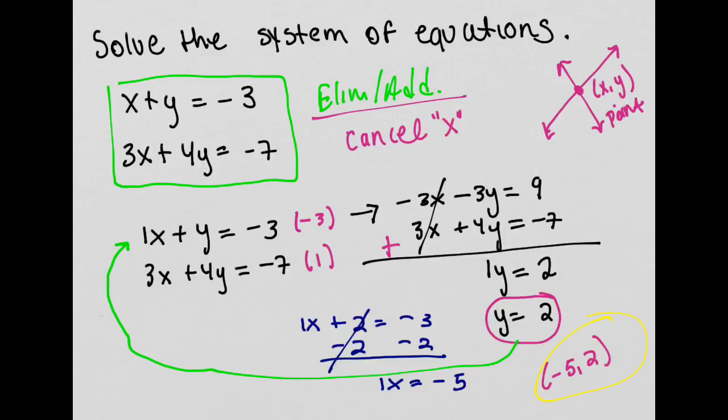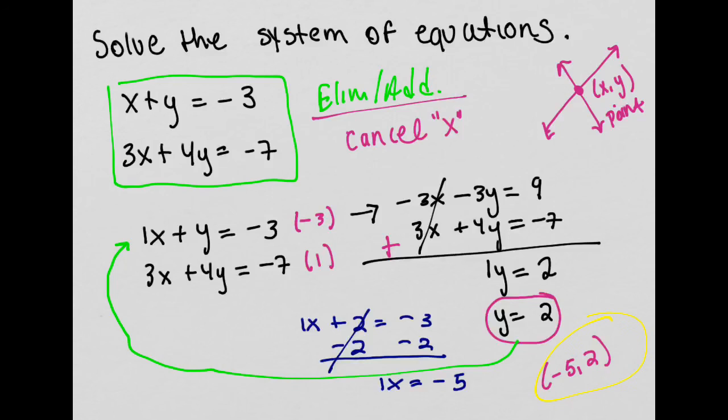So things to remember. You are asked to solve the system of equations. You are looking for the point of intersection between the two lines. Where do they cross? Where do they intersect? That point, that x and y. You have multiple options you can use. You can decide whether you want to solve using substitution, elimination/addition, or graphing.